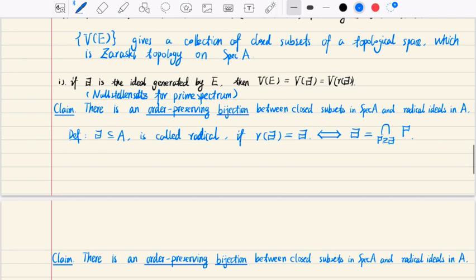Order-preserving we have seen before, but I am very willing to repeat the definitions of the two orders.